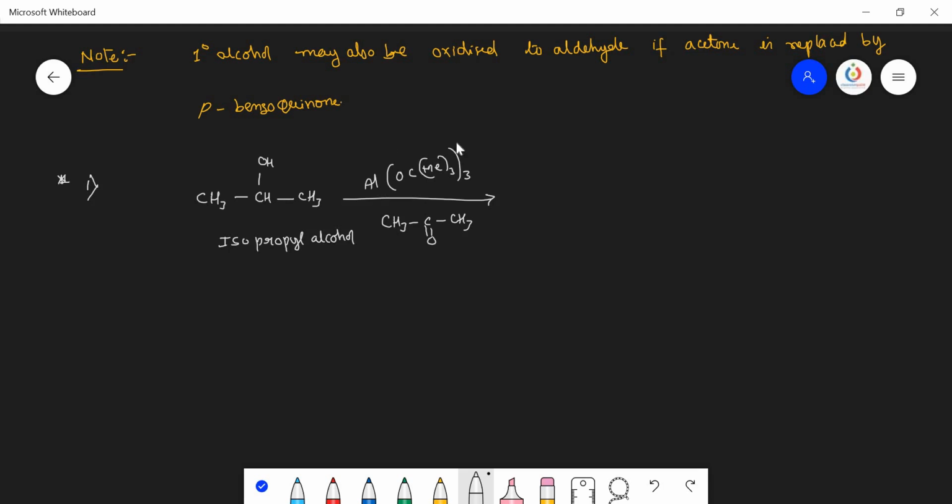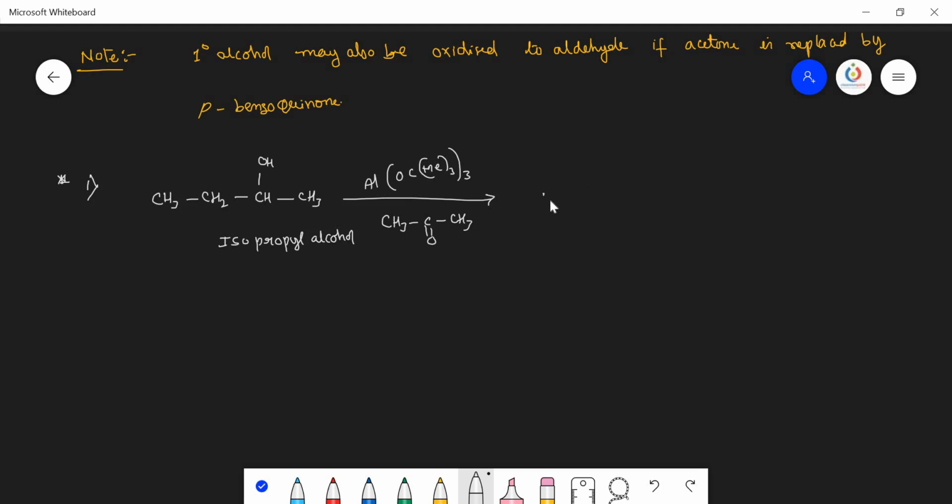And interestingly, this will be converted to the keto group. I have to make a difference between these two now. So I'll do one thing, that I'll take here, 1 minute, CH3, CH2. Otherwise, you get confused whether this acetone is coming here or not.